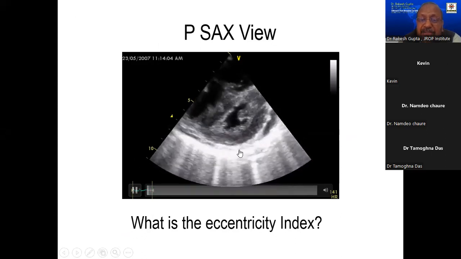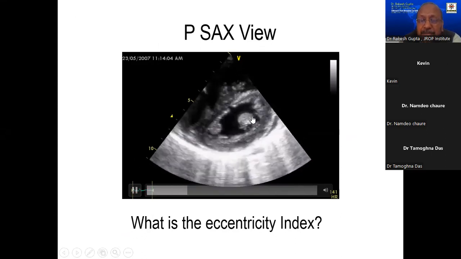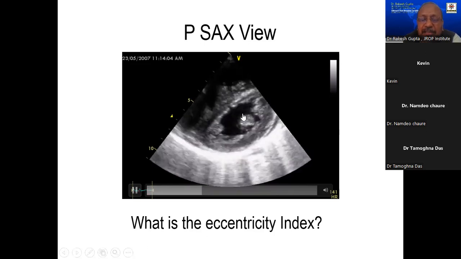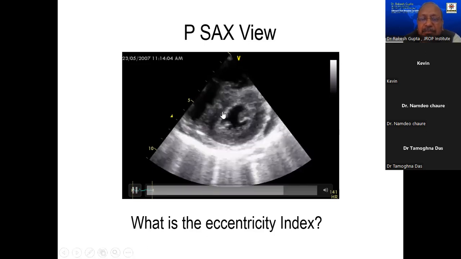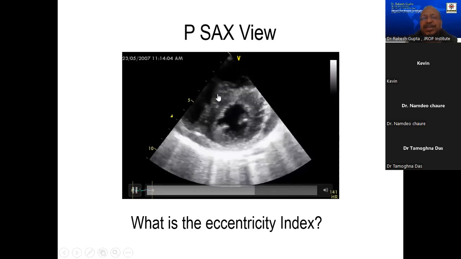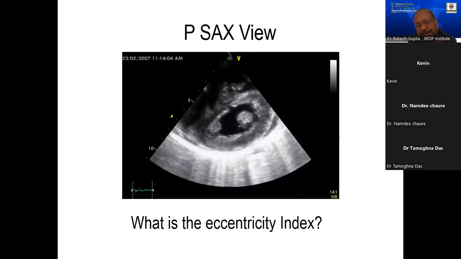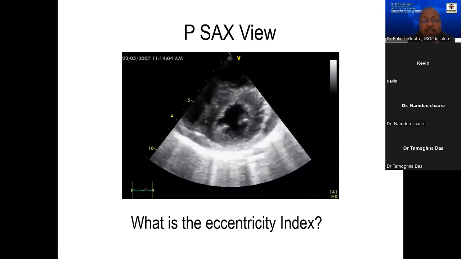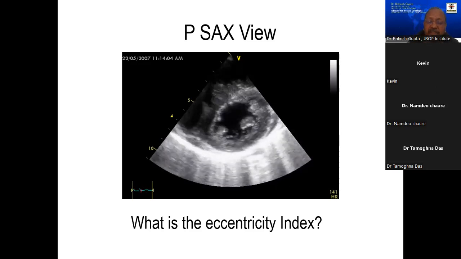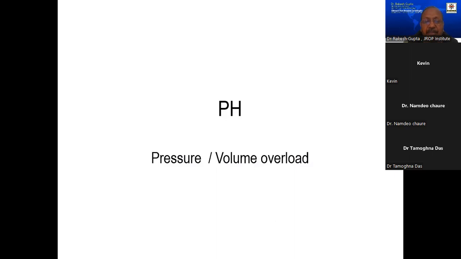If I take my LV pressure by blood pressure, in the absence of any obstruction at the level of the aortic valve or any other lesion, if my blood pressure is 110 millimeters of mercury, my RV systolic pressure has to be more than 110 millimeters of mercury. So do I need anything to evaluate? Categorically, I can say, look, this is where my RV pressures are very, very well elevated.